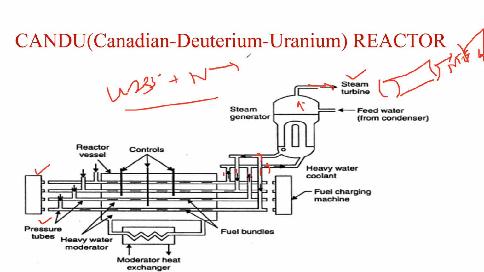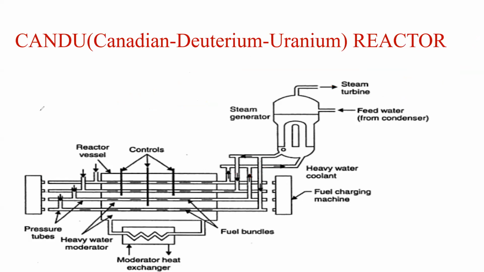What is our main objective? Our main objective is to convert nuclear energy into electrical energy, irrespective of which reactor you use. For this purpose we use different tools: control rods, moderator, and heat exchanger, to maintain the steam mechanism.